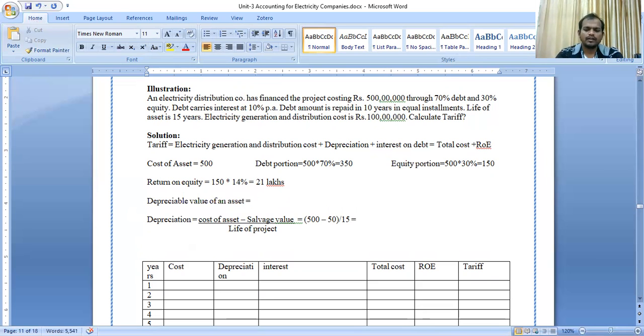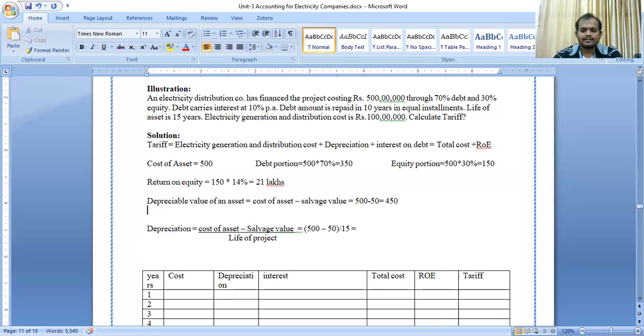What is the depreciable value of an asset? 500, cost of asset minus salvage value. So 500 lakhs minus 50. So it comes around 450. And this is the depreciable value of asset.